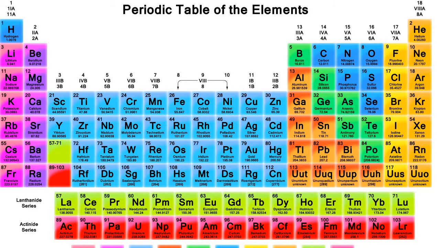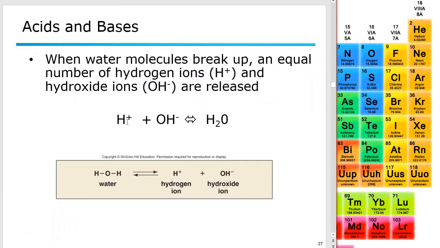In this case, we now have hydrogen with a positive charge. In order to have a positive charge, you have to have fewer electrons than protons. Hydrogen only has one electron, so in order to have a positive charge, that basically means the hydrogen ion has lost its electron. It's just a proton. A hydrogen ion is just a proton. This is a hydroxide. OH negative is a hydroxide ion.